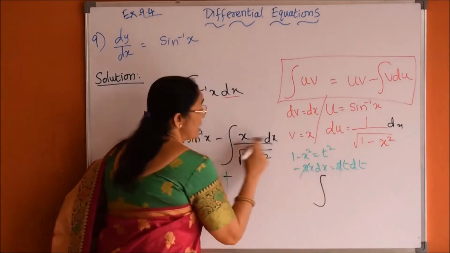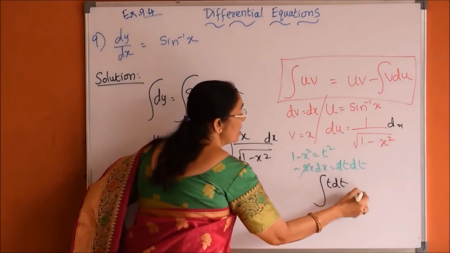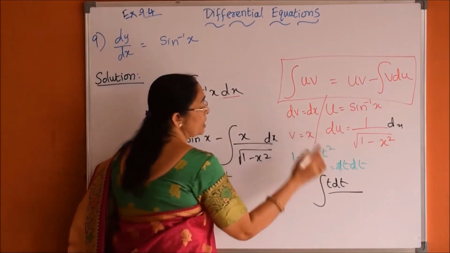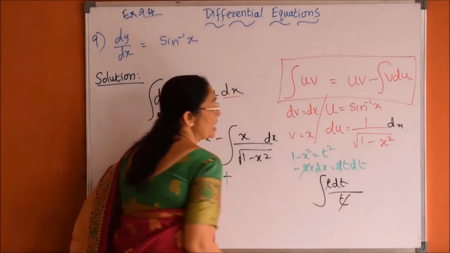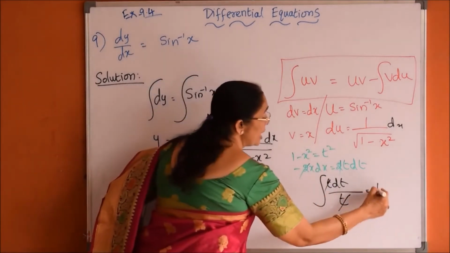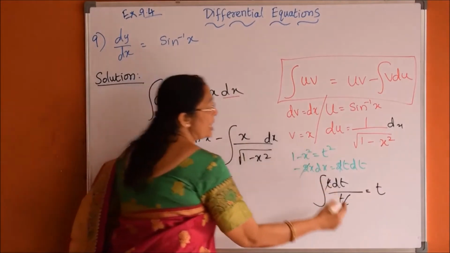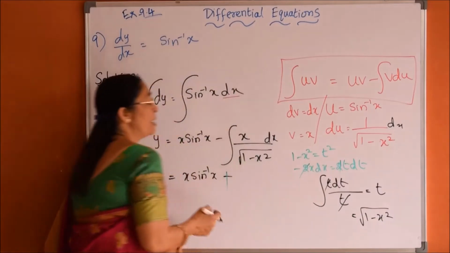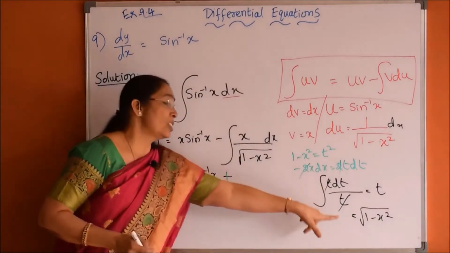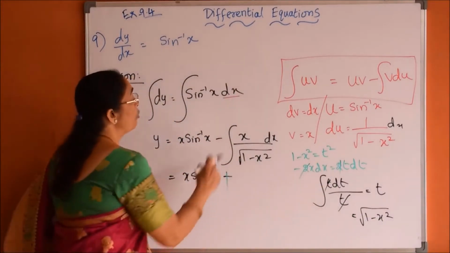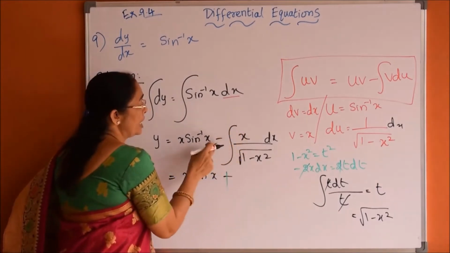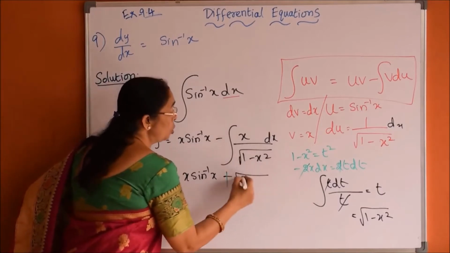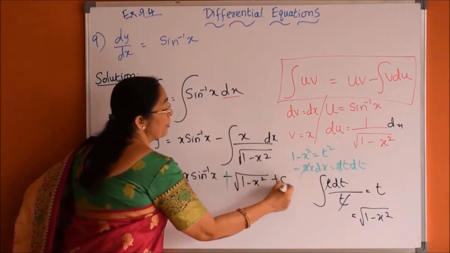Integration of t dt divided by root over 1 minus x square, which is root over t square, which is t. So, t gets cancelled, and integration of dt is t. We assumed t is root over 1 minus x square, since t square is 1 minus x square. Therefore, the integration of minus x dx by root 1 minus x square is root over 1 minus x square plus c.